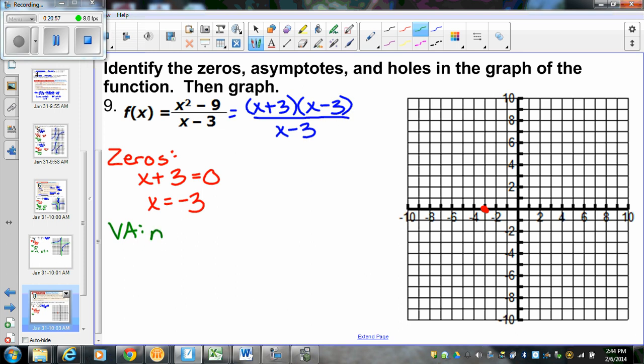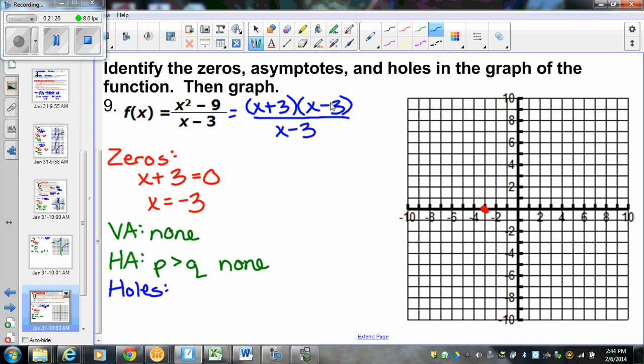So that means we do not have any vertical asymptotes. And for the horizontal asymptote, if you compare the degrees, the degree of the numerator is greater than the degree of the denominator. When that happens, we also have no horizontal asymptote. So the only thing left are holes.